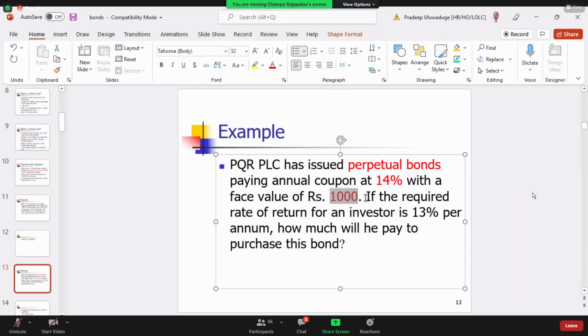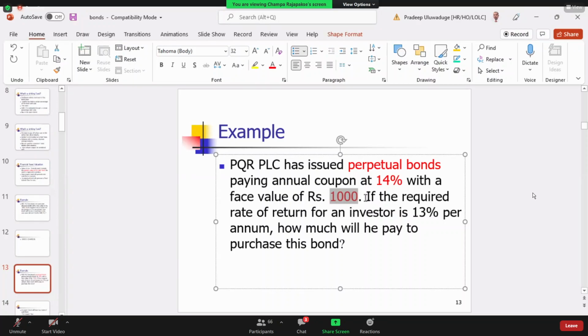For 1000 rupees, you receive 140 rupees as interest or coupon payment. So you get 140 on an annual basis forever because it's a perpetual bond. A perpetual bond is a bond which doesn't have a maturity.